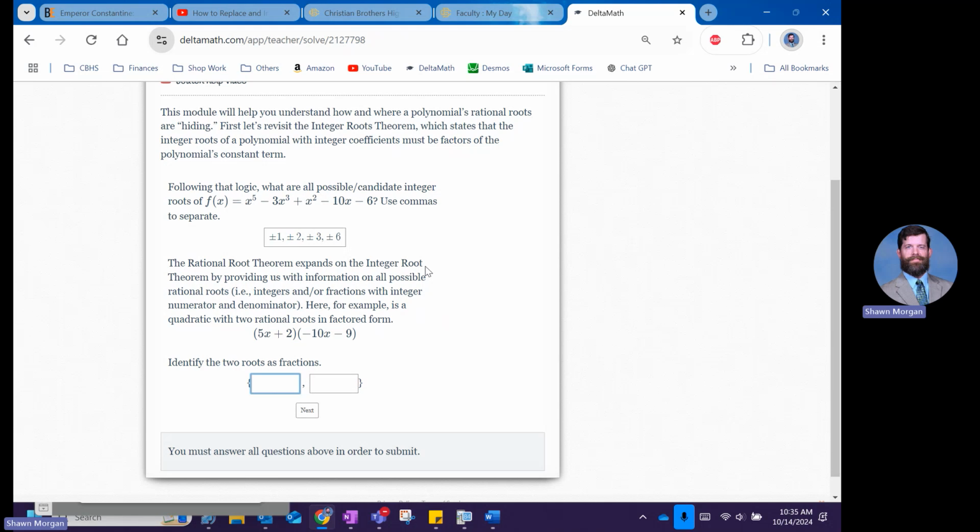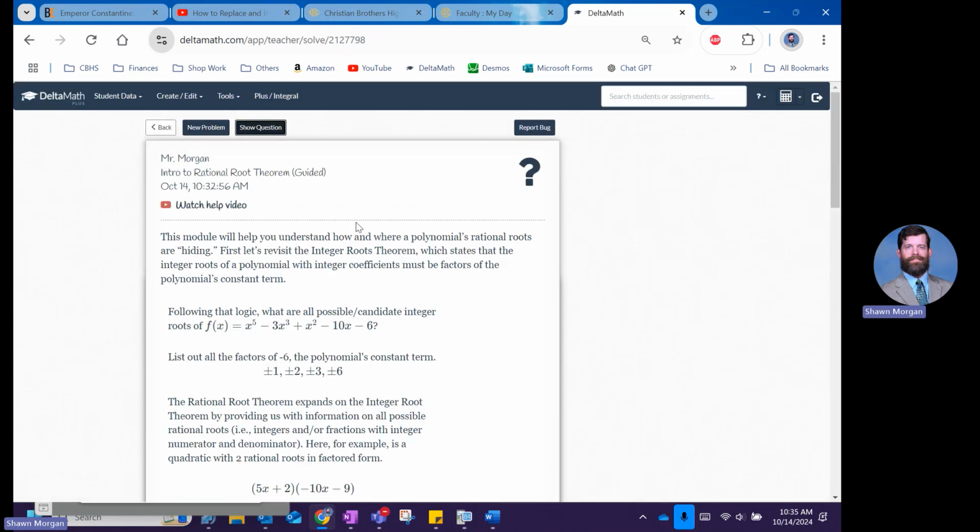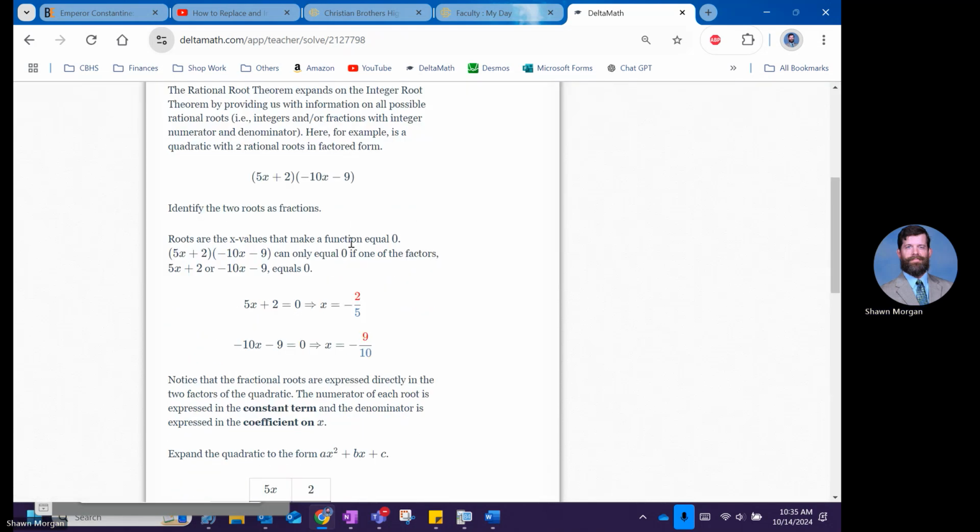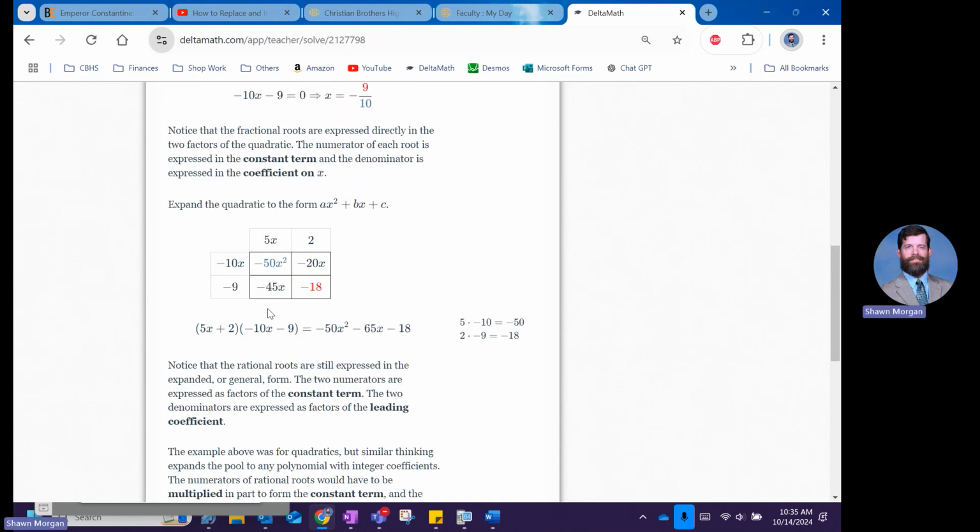Identify 2 roots as fractions. I would probably just pull out my calculator and decide which of these 8 numbers looks good. And then I would test it out using synthetic division. I wonder if they do their synthetic division on these. They do synthetic division.